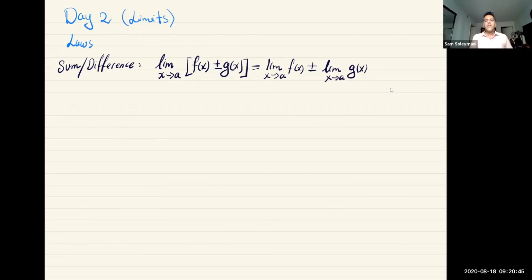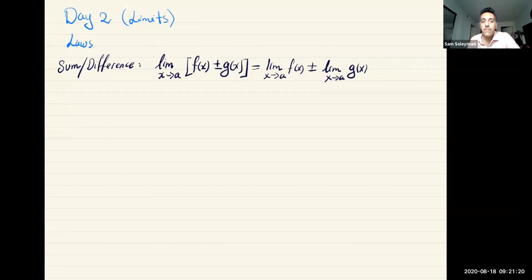Okay? So, well, this is a very intuitive law. The limit of a sum is the sum of limits. But you have to be careful here because the theorem gives you an assumption. Okay? Who can tell me what the assumption is? Anybody? That there is a limit? Yeah. You can't just do this. The limit here has to exist.